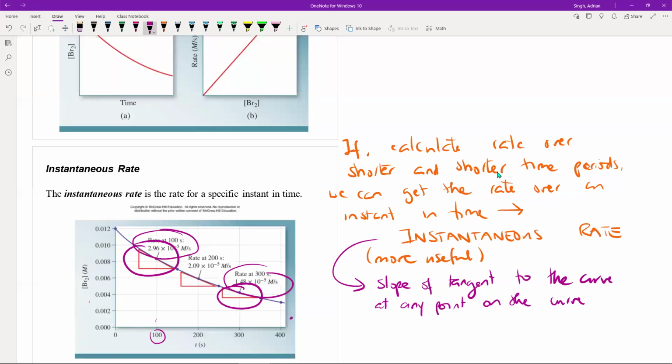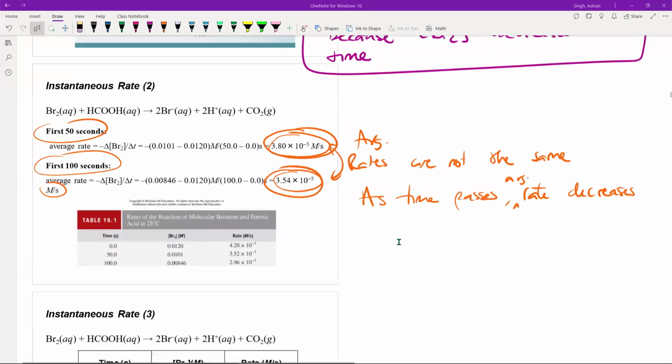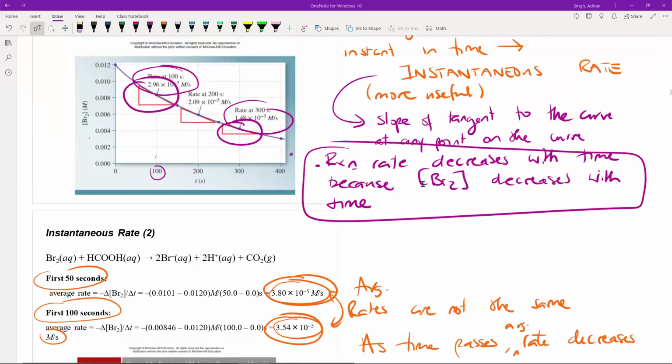And we know that should be the case because as time passes, the concentration of Br2 decreases, and as the concentration goes down, the reaction rate goes down as well, according to all those reasons we mentioned early on. So according to this graph, the reaction rate decreases with time.